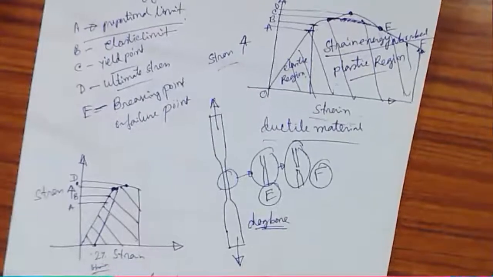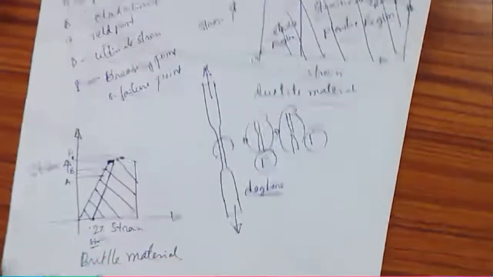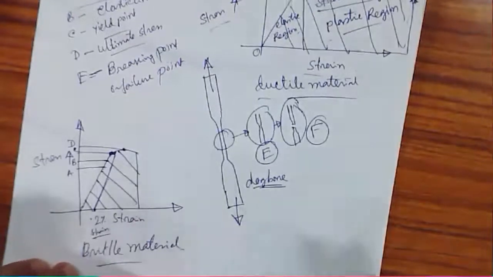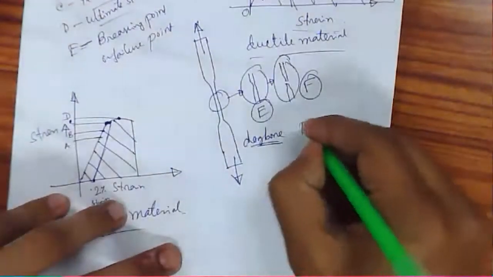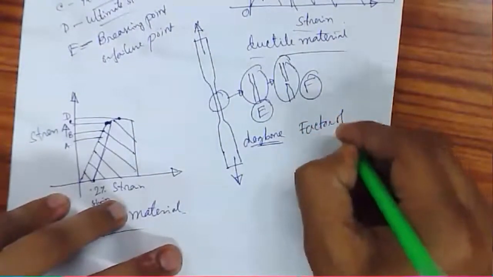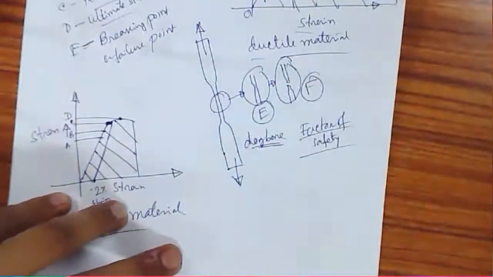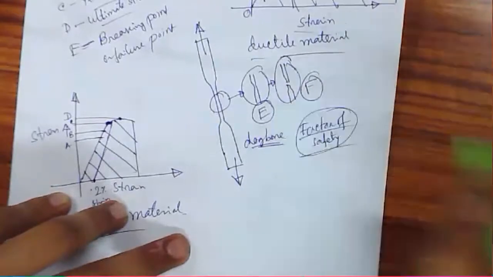Now, while we are talking about this accidental safety, in industry we use a term called factor of safety. So what is factor of safety?